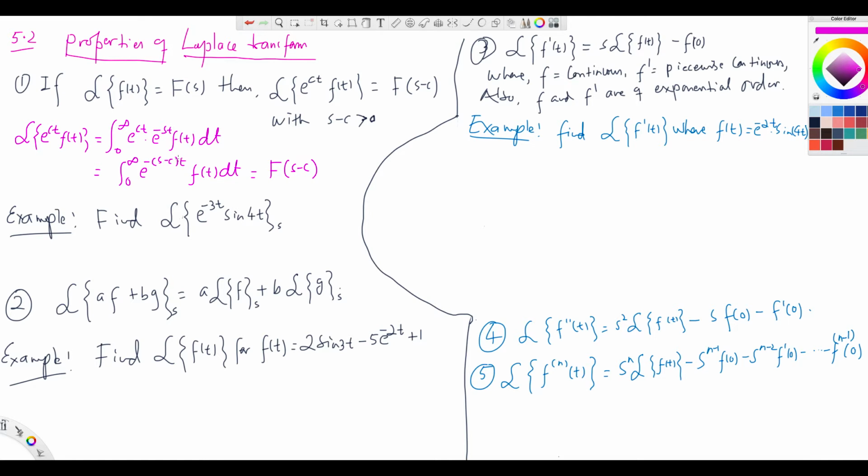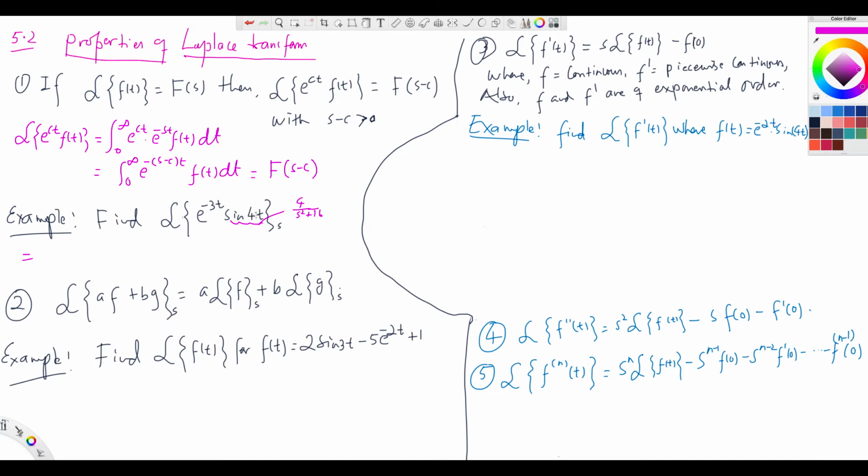Let us use this formula directly in an example. What is the Laplace transform of e to the negative 3t sine 4t? First, what is the formula for the Laplace transform of sine 4t only? For this quantity only, the Laplace transform is 4 over s squared plus 4 squared, that is 16.